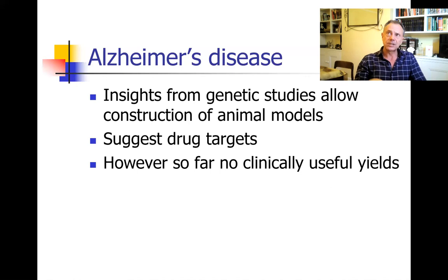But what this field has been spectacularly unsuccessful at so far is translating those insights from the original genetic studies and from the animal models into successful drug targets. So this week, as I speak, we have seen an antibody treatment which is directed against the APP. The idea is that it mops up the APP or the A beta before it has time to do too much damage.